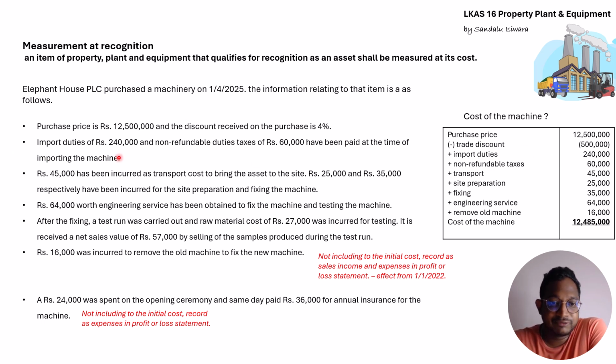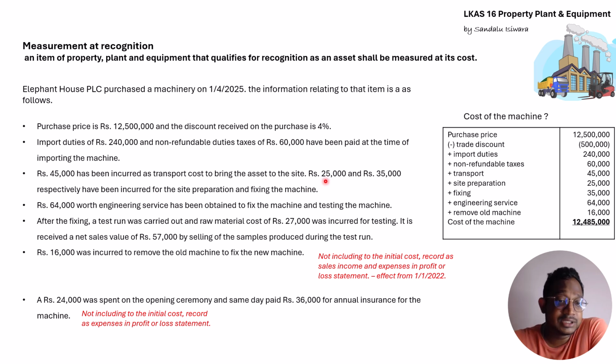Import duty is 240,000 and non-refundable taxes 60,000. Yes, so these two also you should add when you're finding the cost of the machine, import duties and non-refundable taxes. 45,000 has been incurred as transport cost, which means the carriage, you should add.